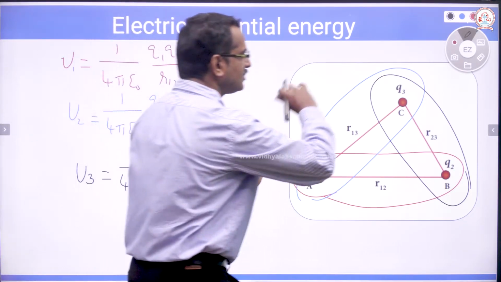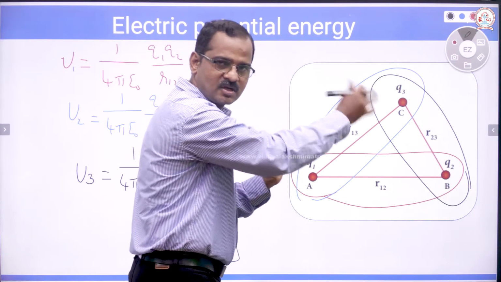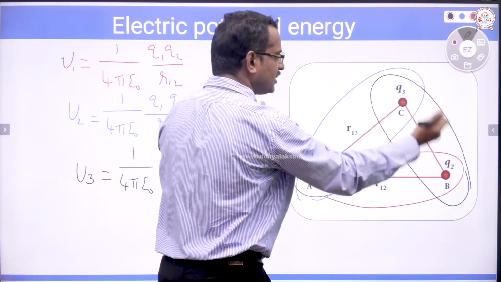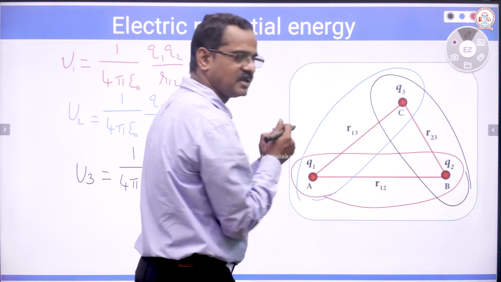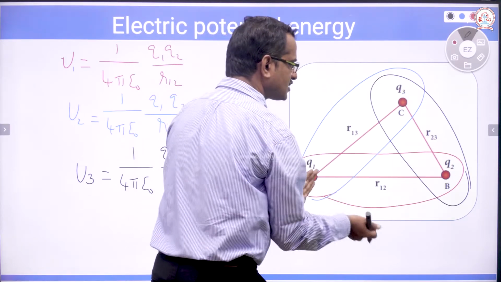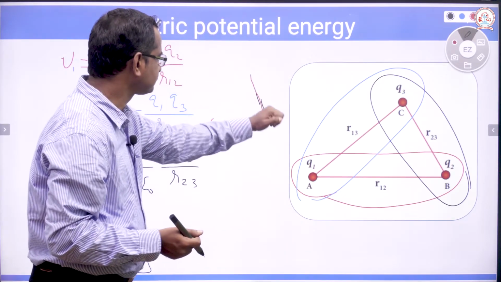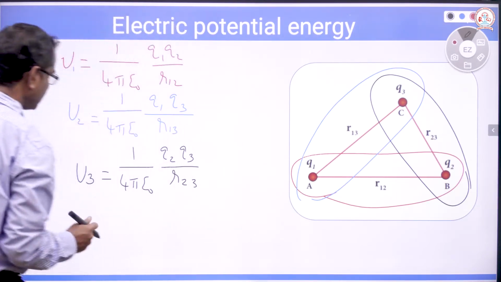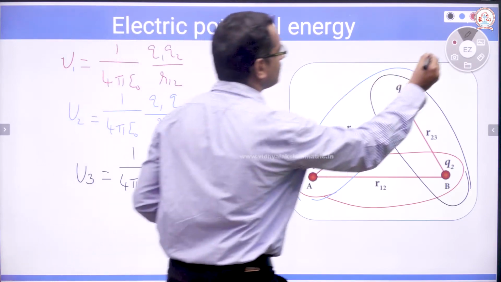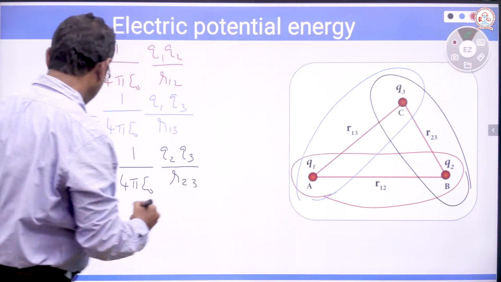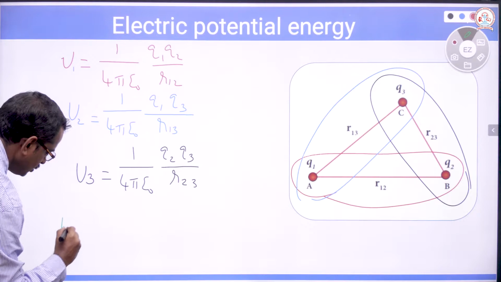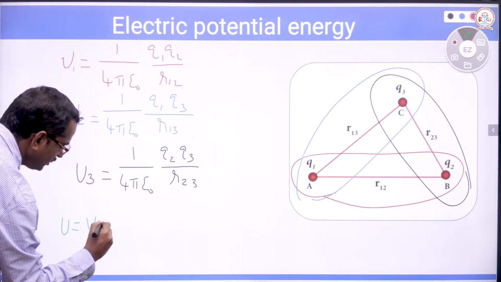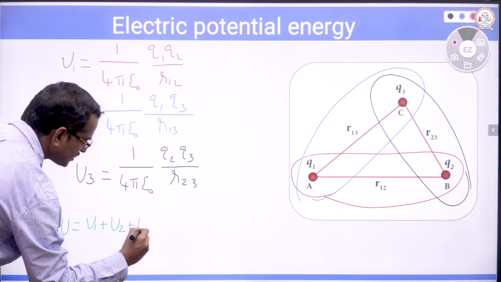Now all the three charges are there. Then the total work done to assemble all the three charges is U equal to U1 plus U2 plus U3.